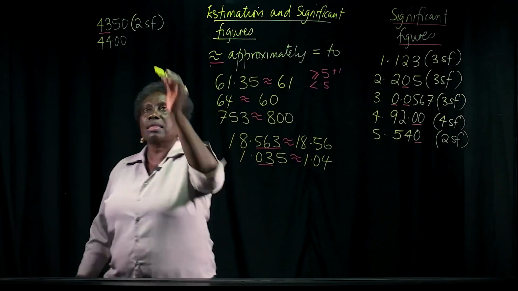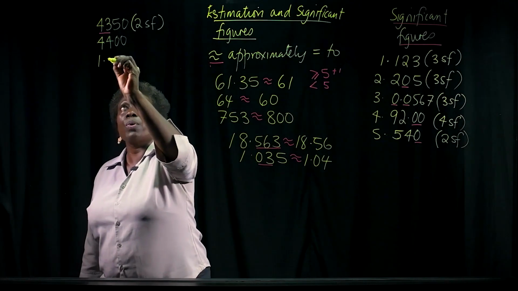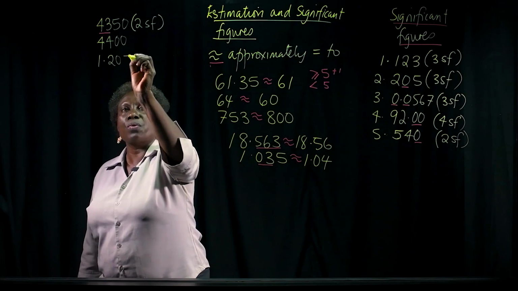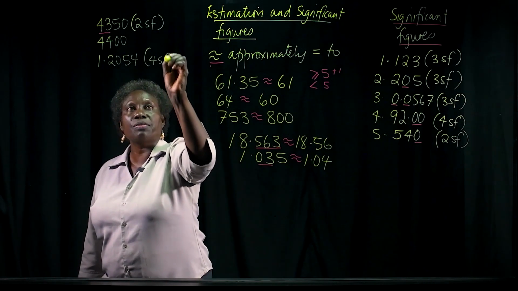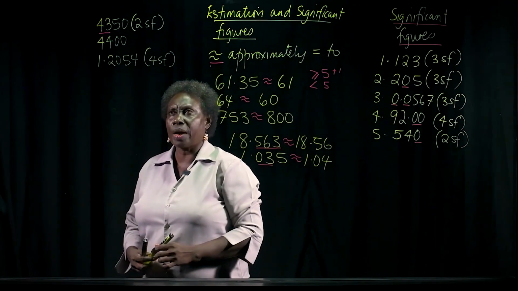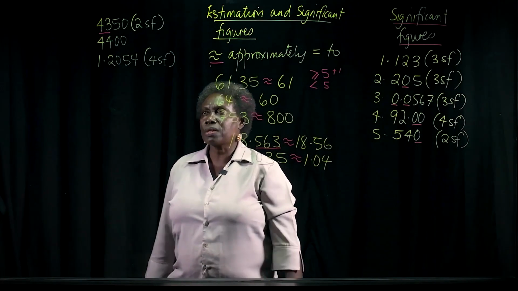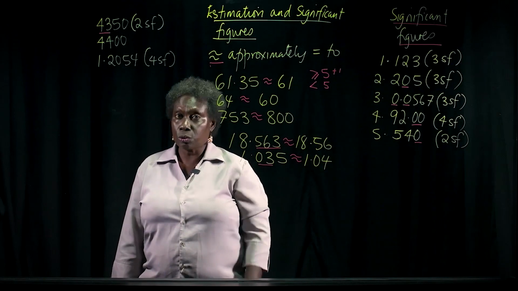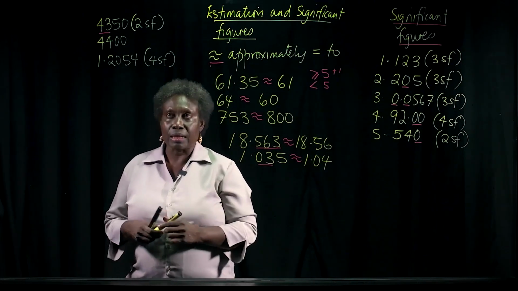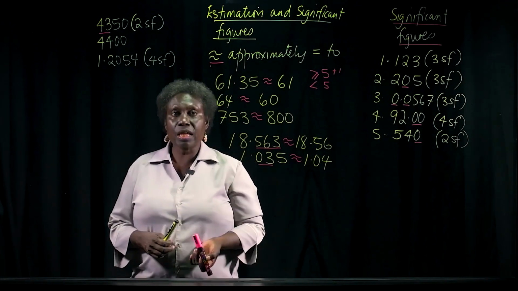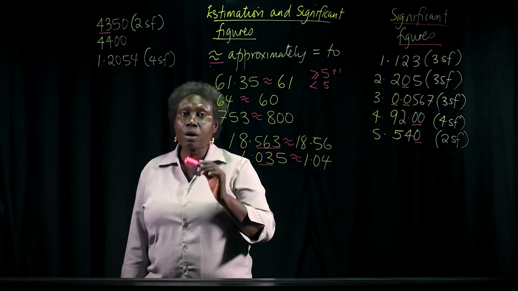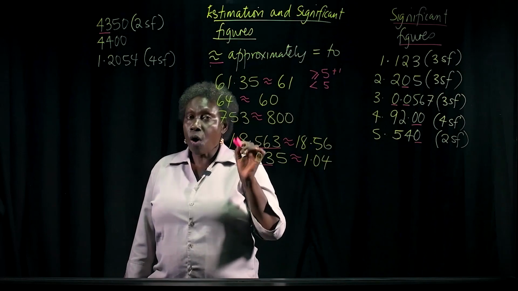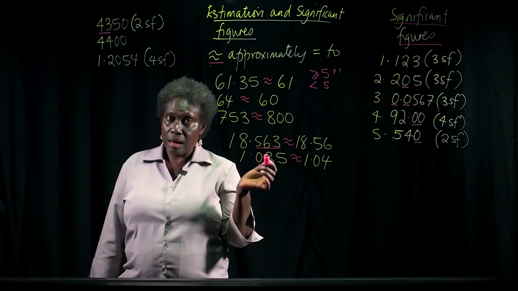Now, let's look at the next number. Okay, our next number is 1.2054, correct to four significant figures. We want to write 1.2054 correct to four significant figures. Now, we are going to start from the first significant figure, and we are going to count four significant figures to the right.